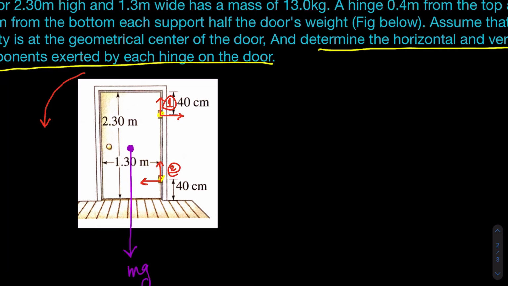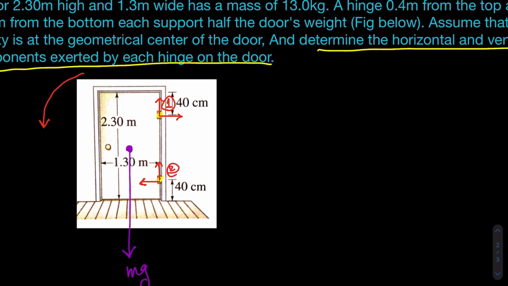We need to label these forces. For hinge number 1, I will label the horizontal one fx1 and the vertical one fy1, because one is towards the x-axis and the other towards the y-axis. Similarly for hinge number 2, fy2 and fx2.